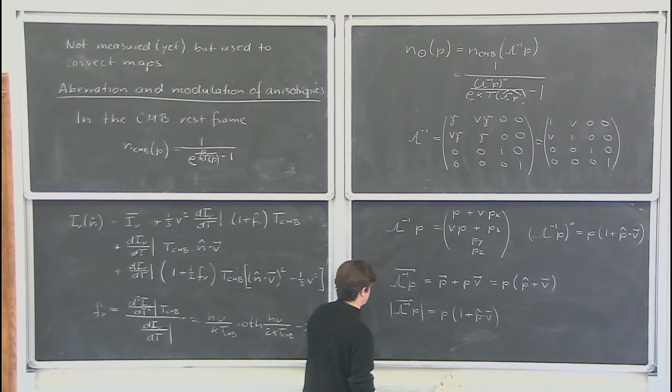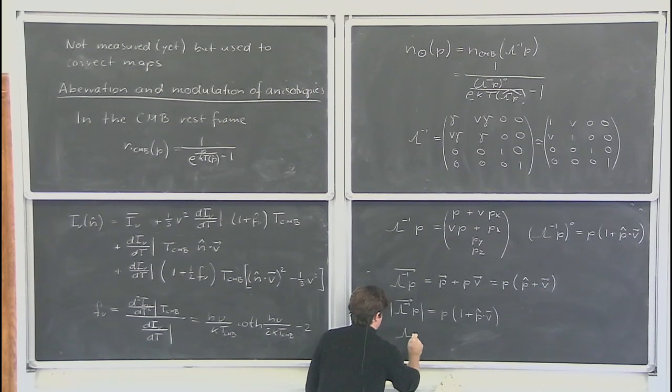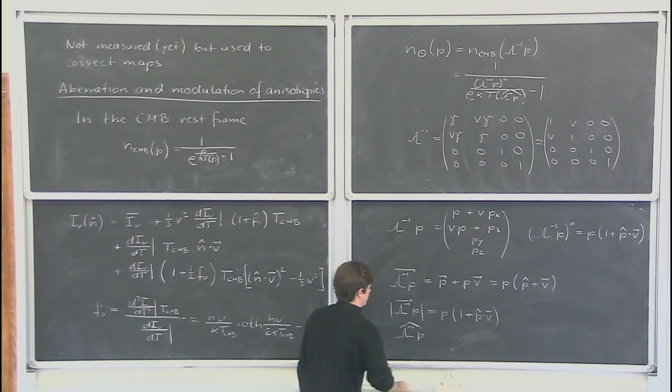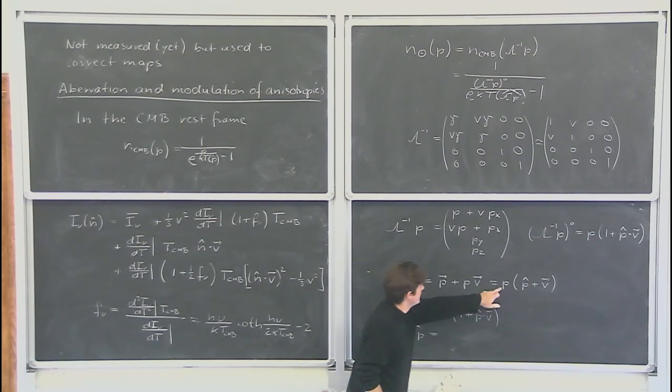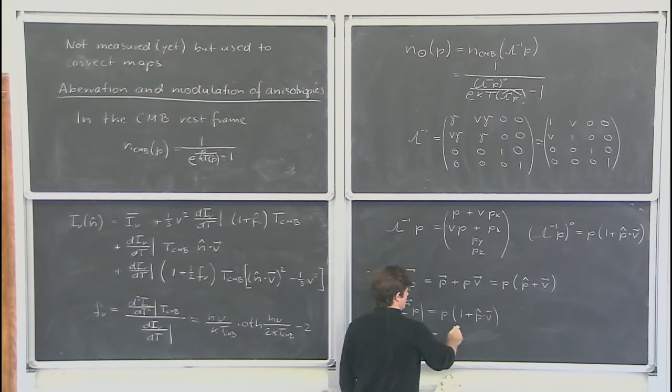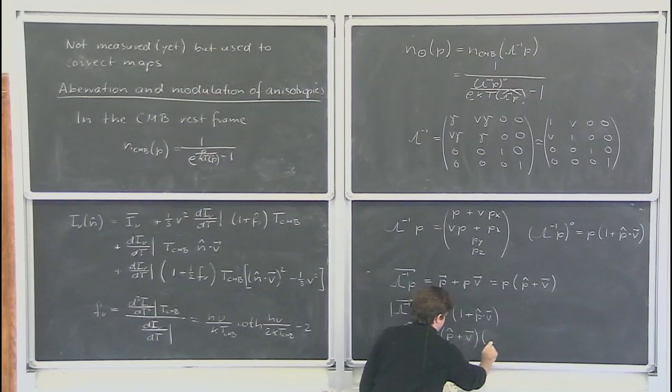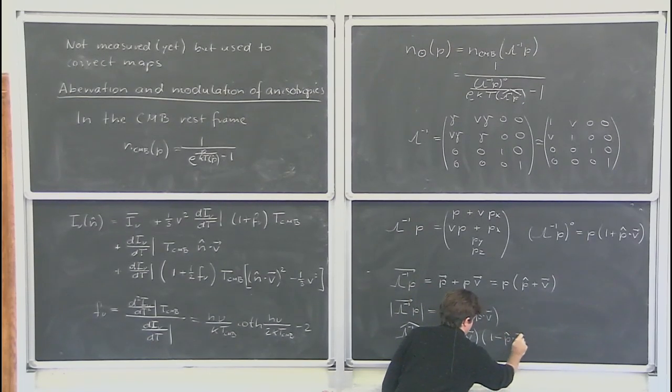And so if we then compute lambda inverse p hat, this is just that thing divided by this thing. The p's cancel, so we get p hat plus v divided by this, which is the same as 1 minus p hat dot v.